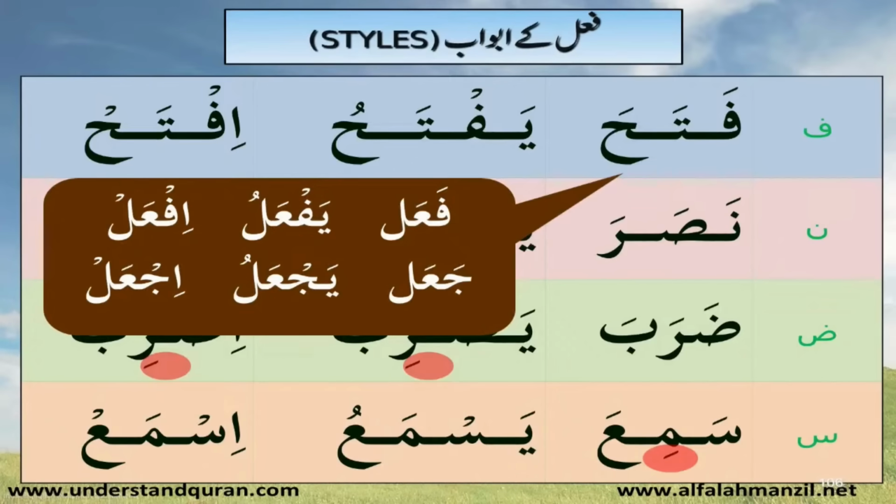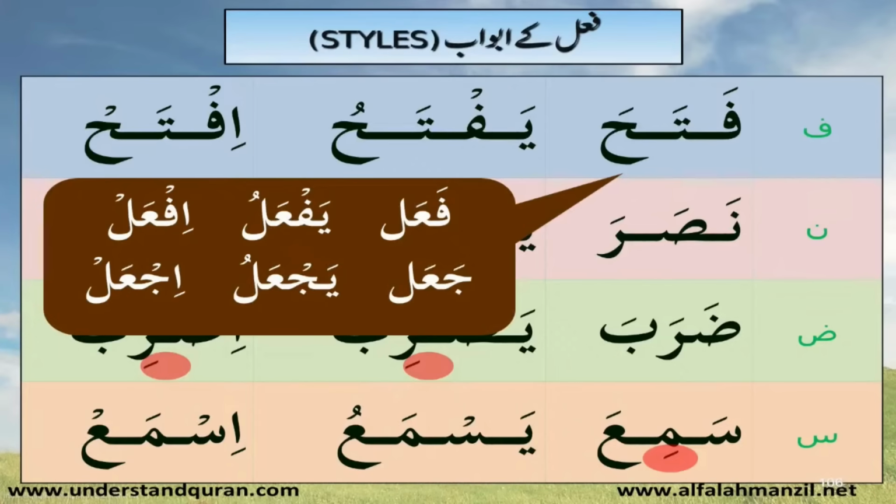What does it mean? Family of Fataha, Bab Fataha. This will be Bab Nasara. That means this is the family of Nasara. Daraba, it will be the family of Daraba. Samia, family of Samia. So they take the first letter as the small indication of that Bab. And their style will depend on Madi and Mudari.